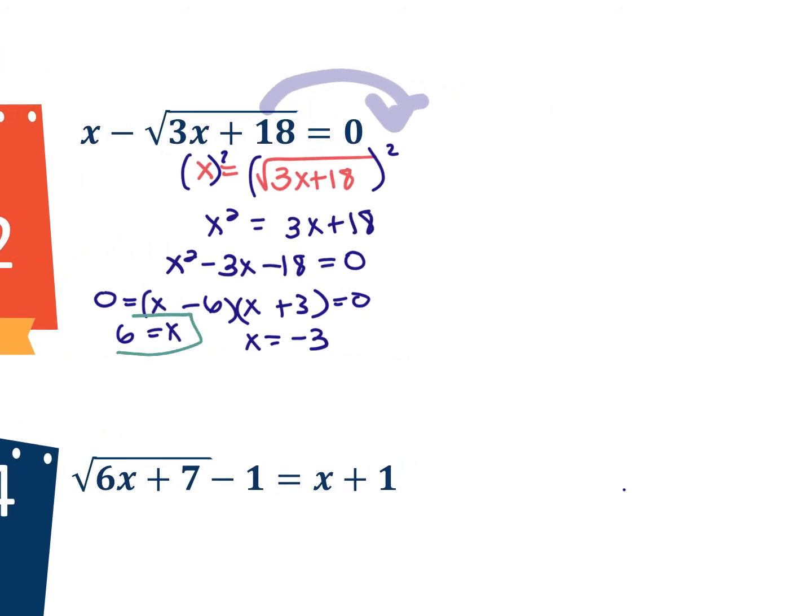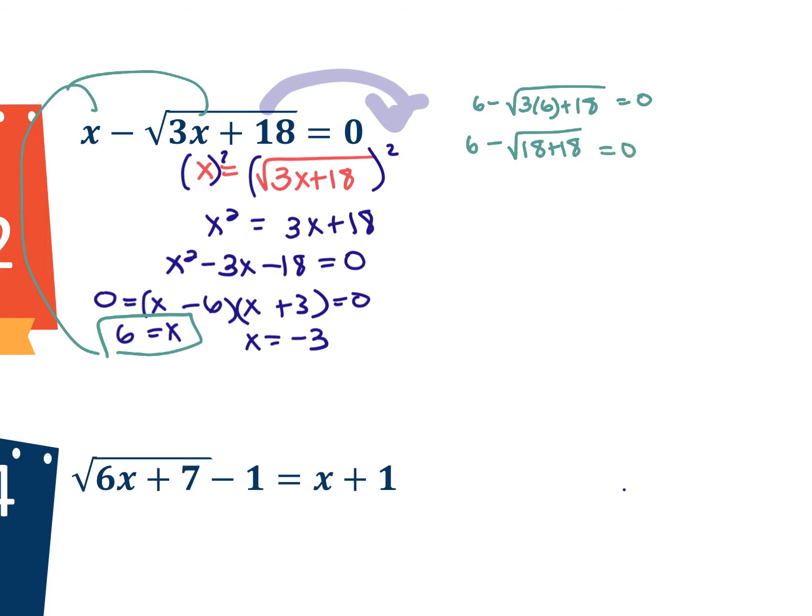So I'm going to start with the 6, plugging it into both. 6 minus the square root of 3 times 6 plus 18 equals 0. 6 minus the square root of 18 plus 18, which is 6 minus the square root of 36, and 6 minus 6 does equal 0, so I keep that one.